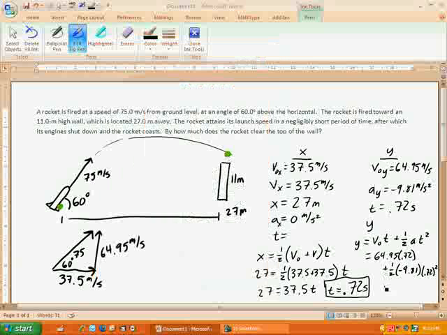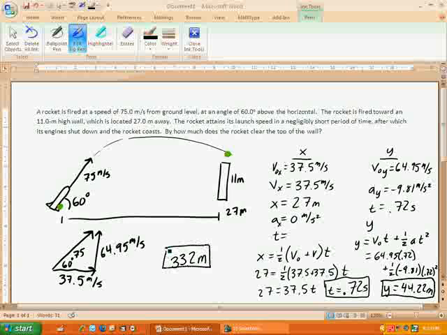So the height is 44.22 meters. Now that's not my answer, because the question asks by how much it clears the top. If the wall is 11 meters, and at this point in time it's 44 meters off the ground, 44 minus 11 would be 33.2 meters. And so it clears the top of the wall by 33.2 meters. There you go.